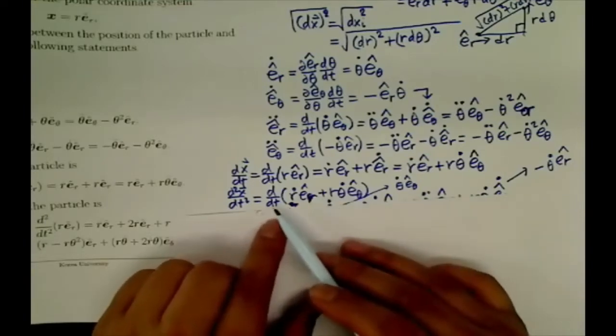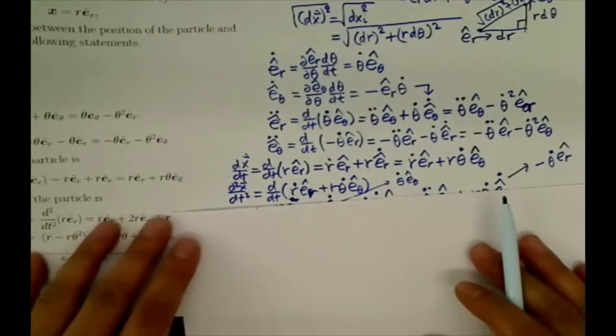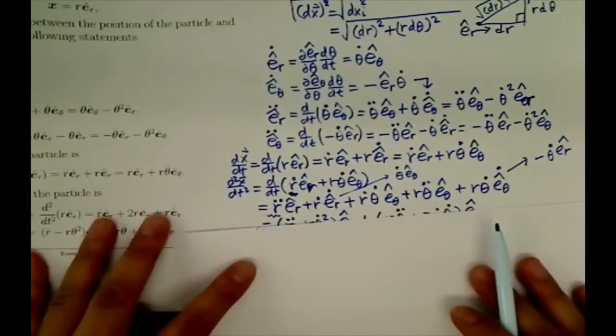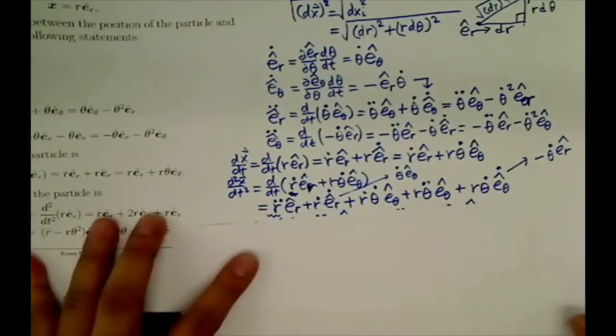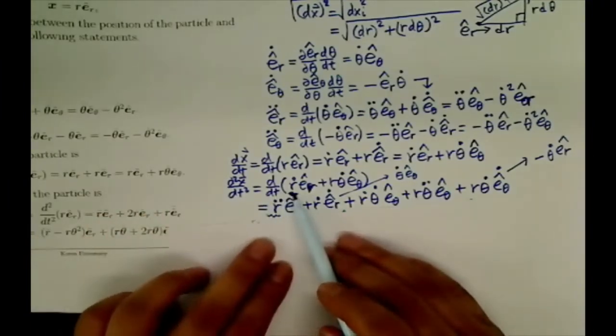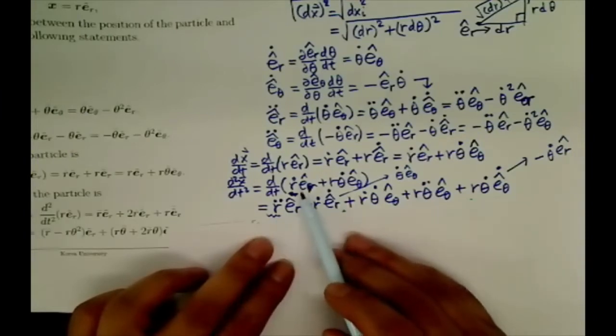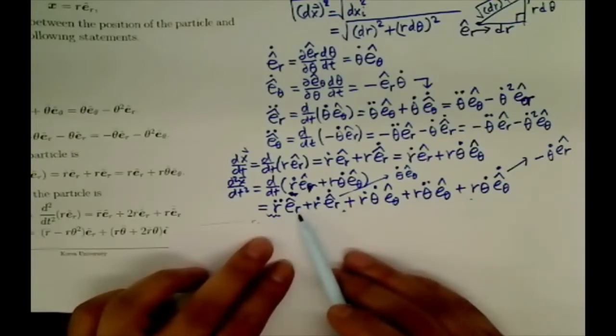So I take the time derivative one more time of these contributions. First, I take the derivative of radial velocity, then I obtain the radial acceleration, keeping the radial unit vector the same.